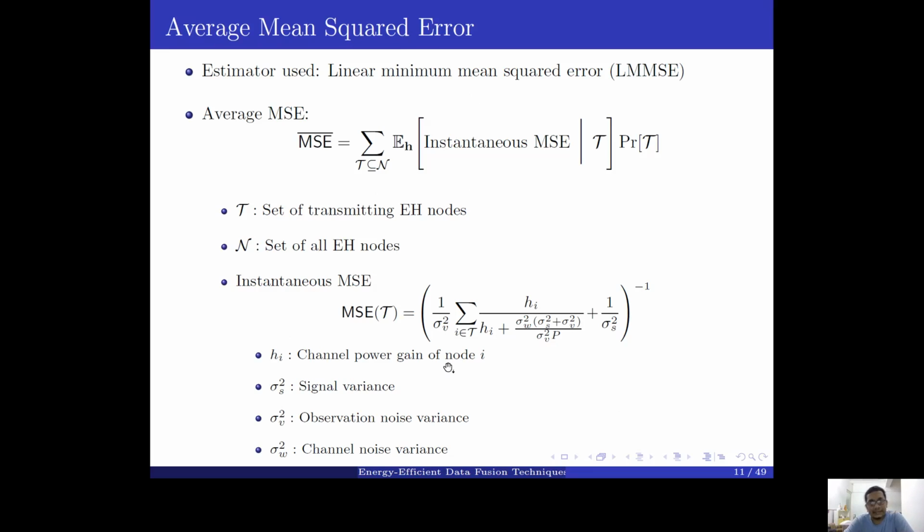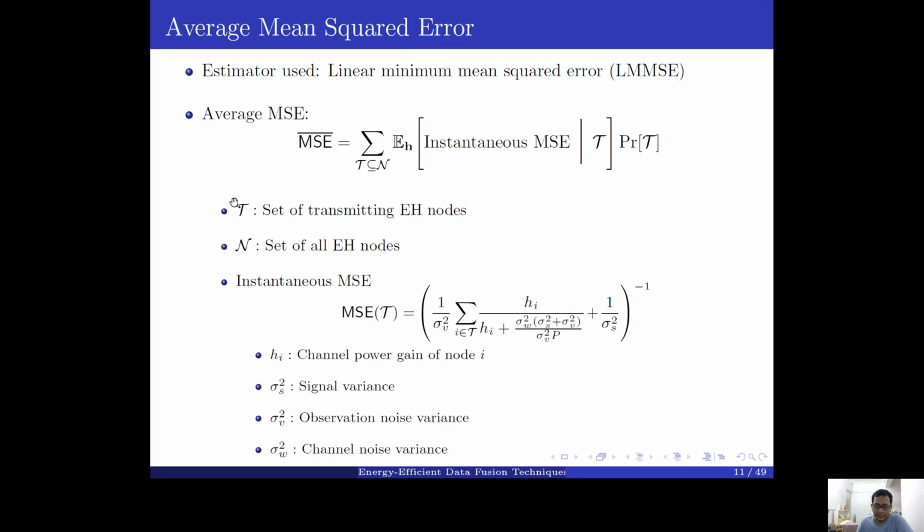Now, the estimator which we have studied throughout our work is the linear minimum mean square error estimator. We wanted to study the behavior of the average mean square error or MSE bar. It can be obtained by averaging the instantaneous mean squared error across the set of transmitting nodes.